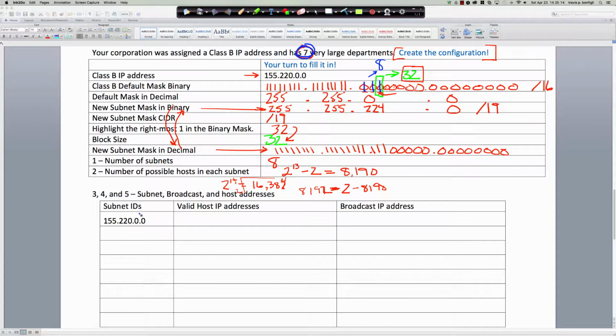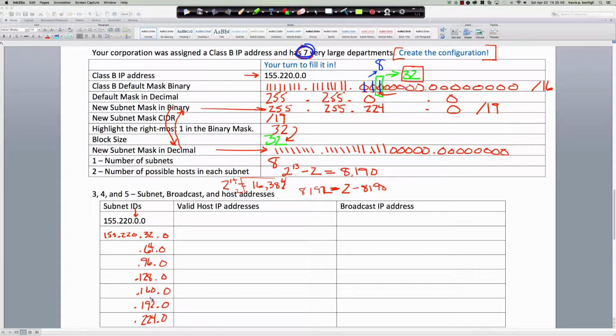So let's go ahead now and fill our values in here. So we've got our block size, it's 32. So for the third octet, we're going to just basically bump it up by 32. 155.220.32.0, 64.0, 96.0, .128.0, .160.0, .192.0, .224.0.